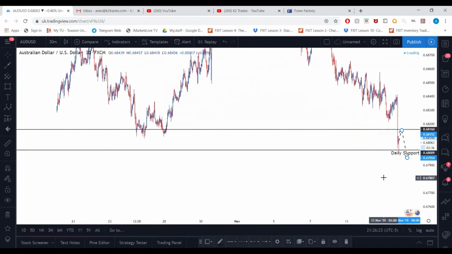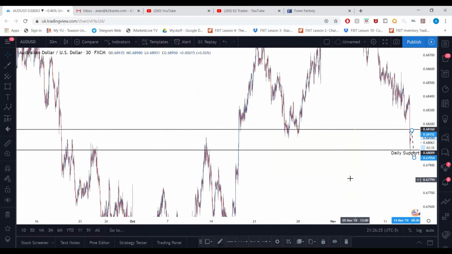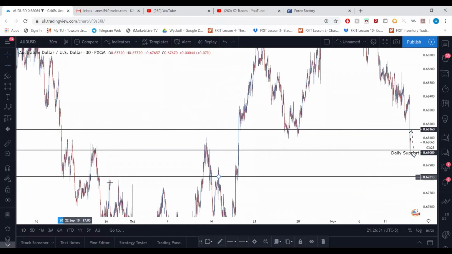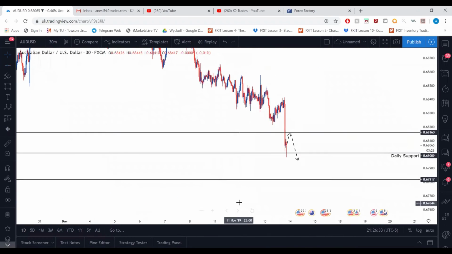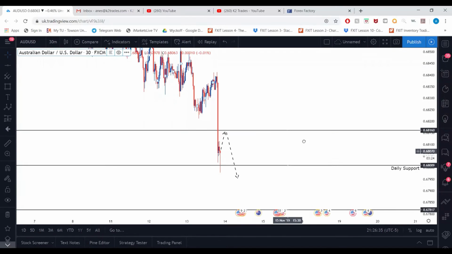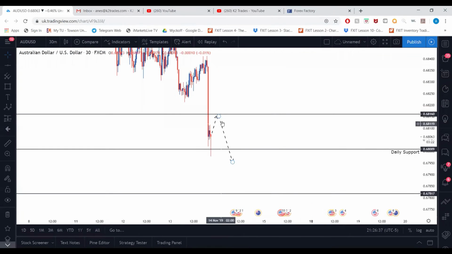You know, that could be, in that case, your next zone would be right here. And now that is better looking reward in my eyes, because that would be, you know, 34 pip.